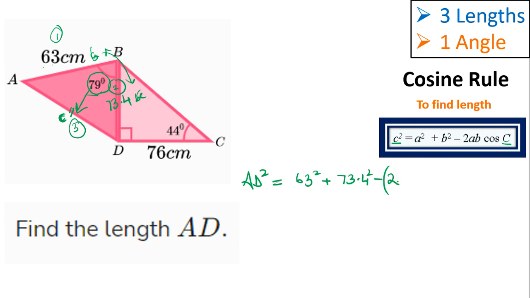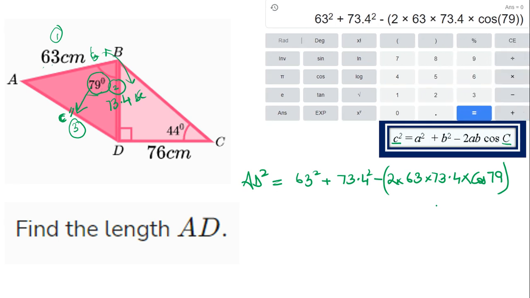So minus 2 times the a, that is again 63, times the b, that is 73.4, times cos of capital C, and capital C, as you can see, is given as 79. So once I have all of that set in front of me, you can just type that down on your scientific calculator.